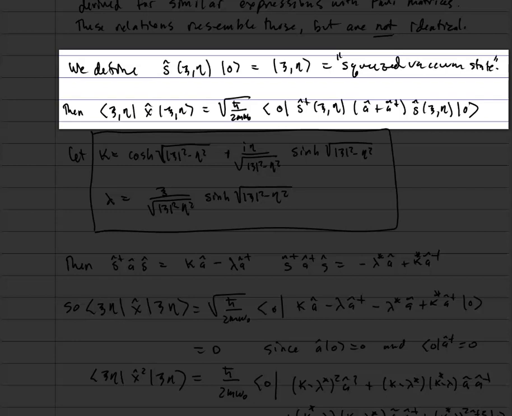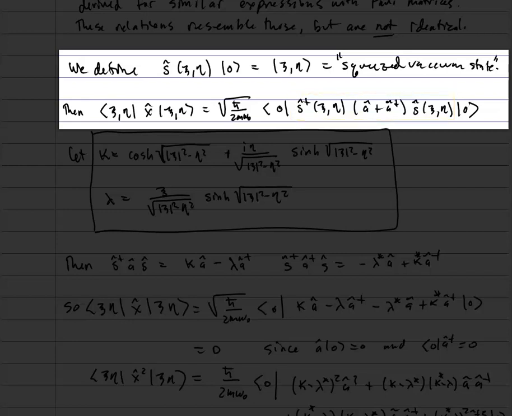We now move the S operators from the ground state onto the X operator. And because I can write the X operator as the square root of h bar over 2 m omega, times a plus a dagger, we can use the results we just derived for the transformation of a and a dagger to work out what the expectation value is when I look at the position operator in the squeezed vacuum state.